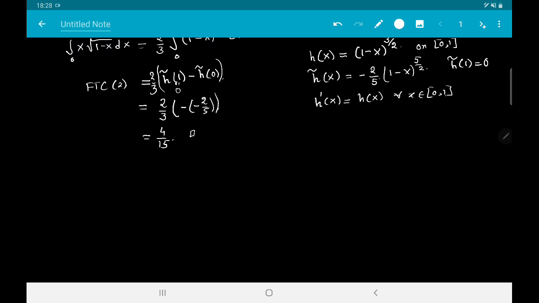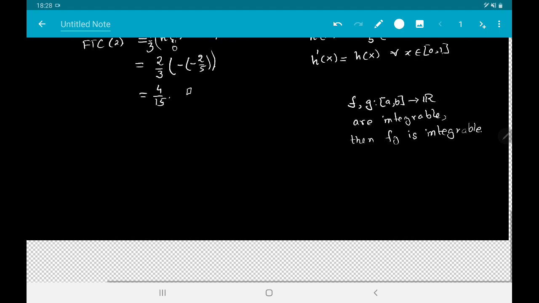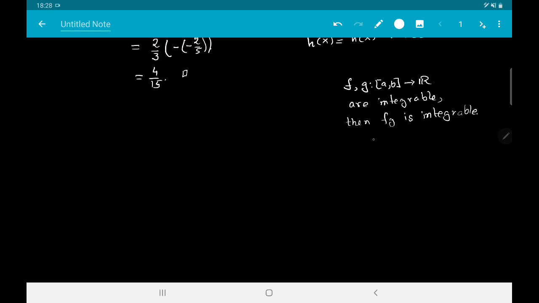One concluding remark. We have seen that if f and g are integrable functions, then, as one of the statements of our algebraic properties, we had said that the integral from a to b of f g is not necessarily equal to the integral of f times the integral of g.